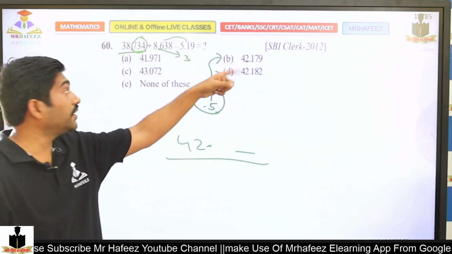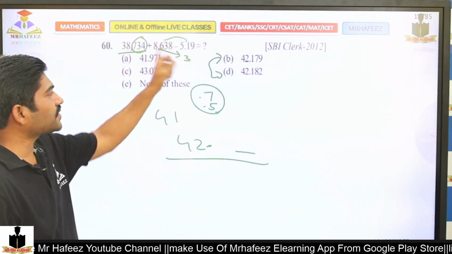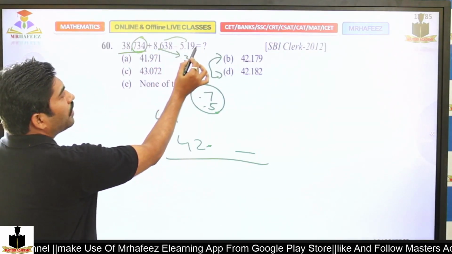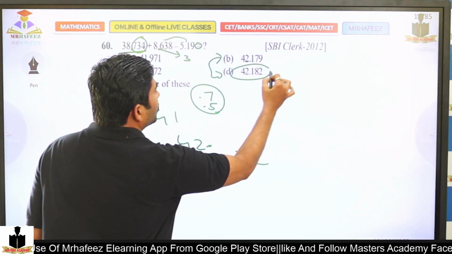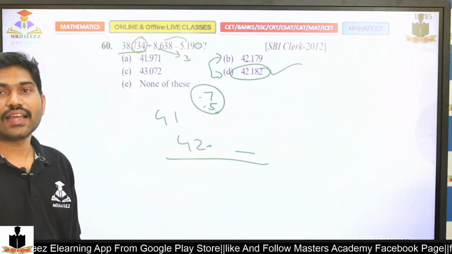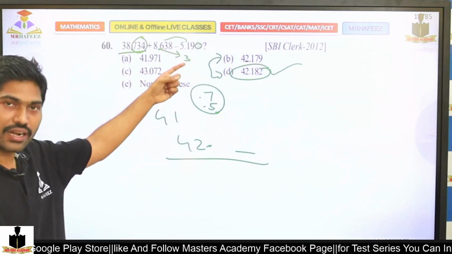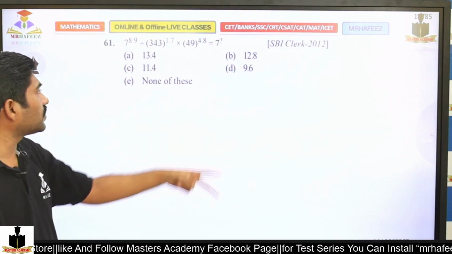There are two possibilities, so I should take the last digit. 4 plus 8 is 12, 12 minus 0, 2. So my answer is 42.182, there is no other alternative. So moving to the next question.